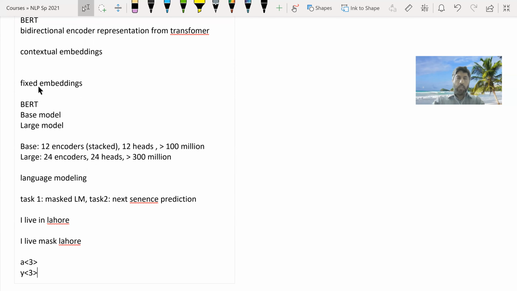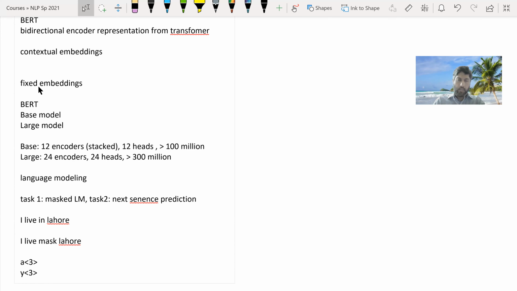So Y3 is a distribution over the vocabulary, and you will get a probability, and based on that probability, you want to get the word that is most likely at this position. But since this is a transformer, A3 would be able to see all things, I live as well as Lahore. So we have seen everything there.